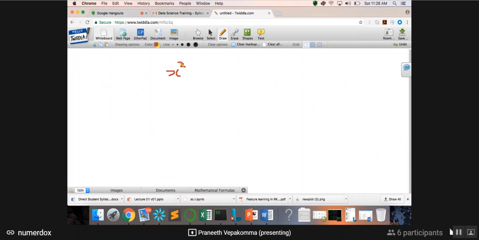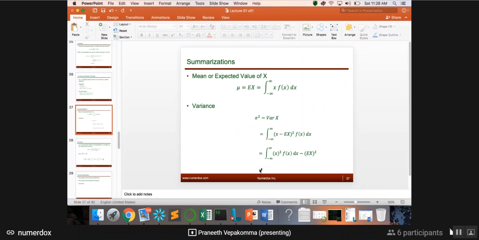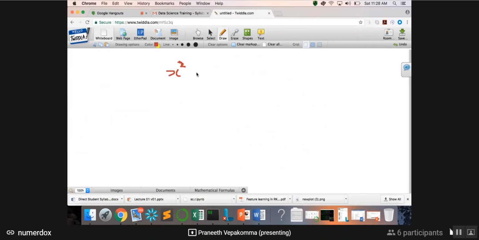You have x minus expectation of x. The question is this, right? This is the variance. This is the initial formula where you started. This is the formula for variance, right? So there's no square here.